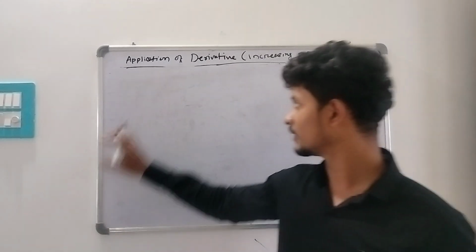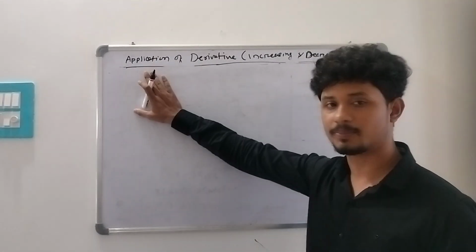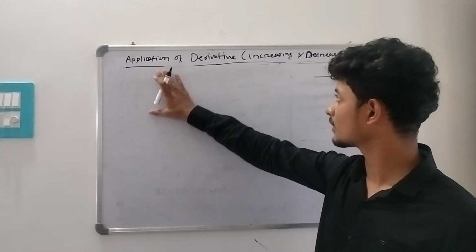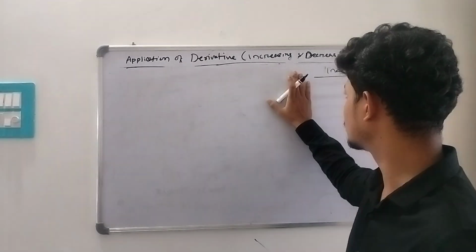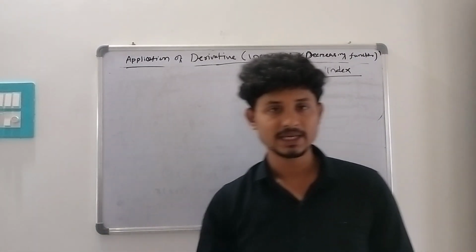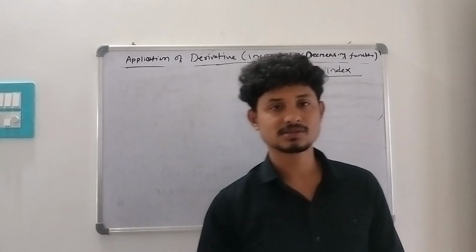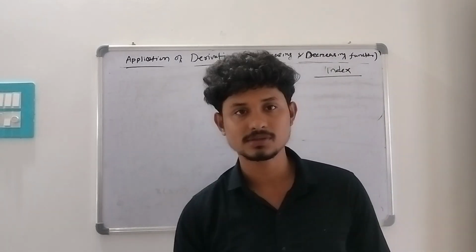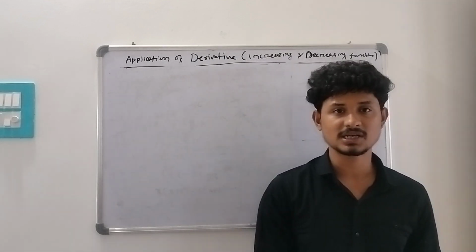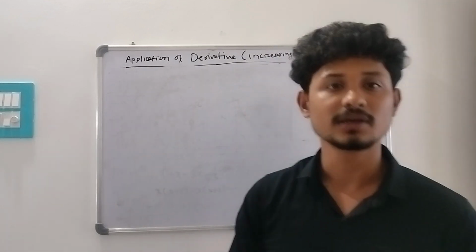So in this lecture, we will learn a topic which is a part of application of derivative, and the topic is increasing and decreasing function. In daily life, we use this concept in various scenarios. Let us take an example of a car company.